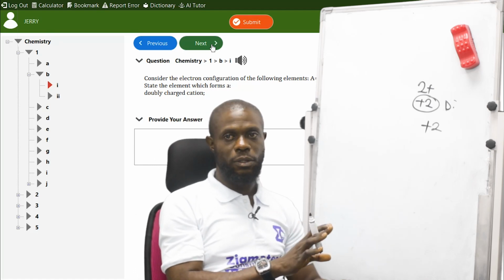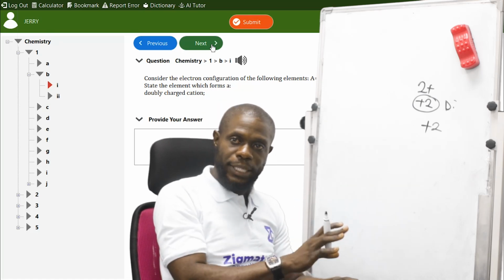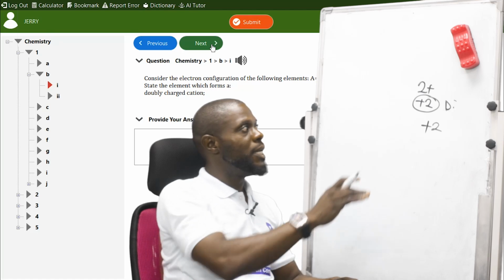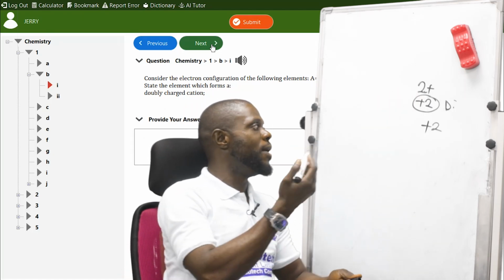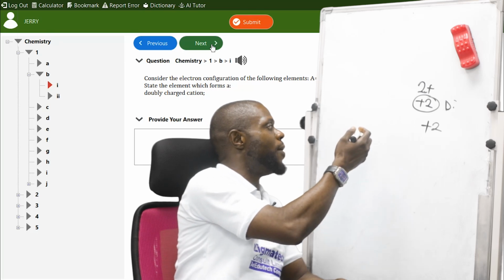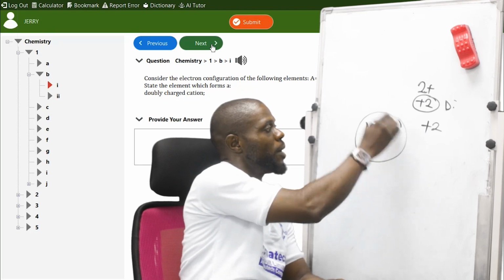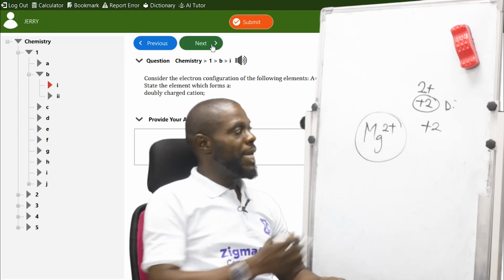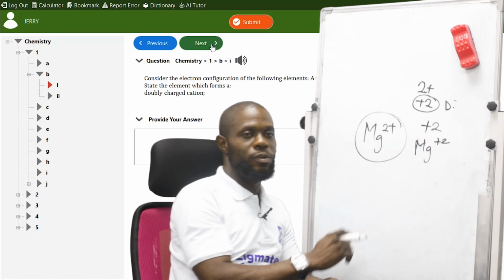That is a dication. But when it comes to placing it as a charge with an element, it's written as 2 plus at the superscript of that element. What do I mean? For example, I give you magnesium 2 plus, instead of Mg plus 2.